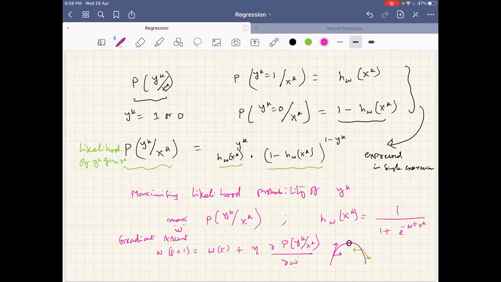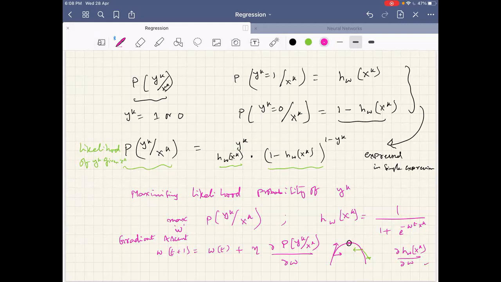Since p of yk given xk is a function of hw of xk, let us also see the derivative of dou hw of xk by dou w. This will be an internal derivative when we perform the derivative of the probability or the likelihood. So we will see this as well.